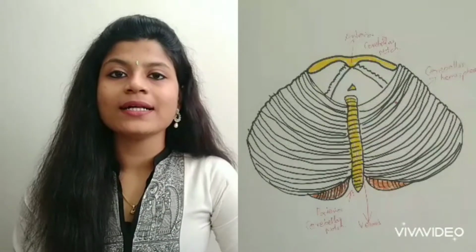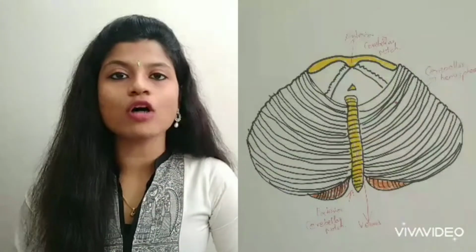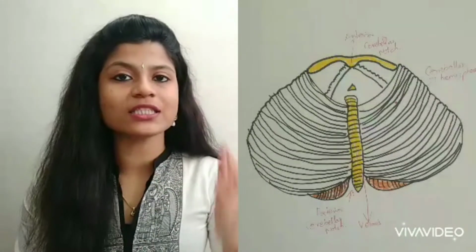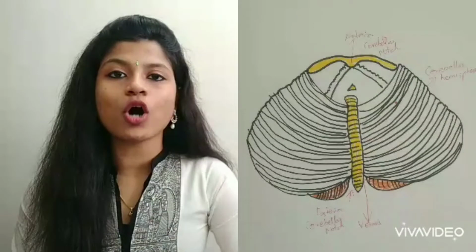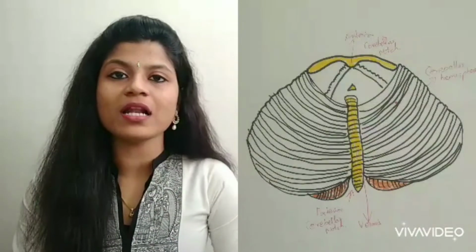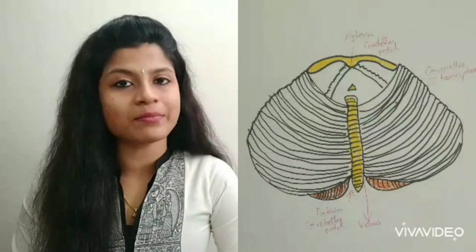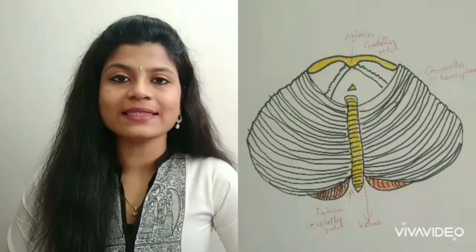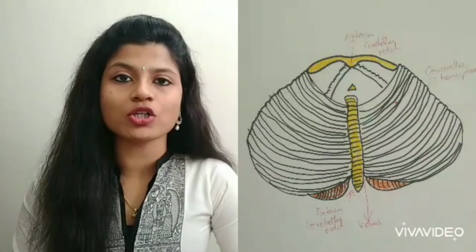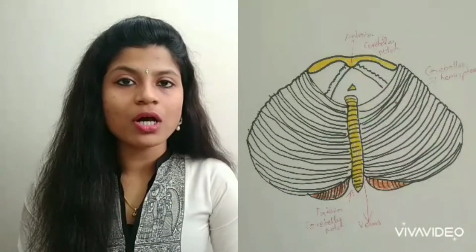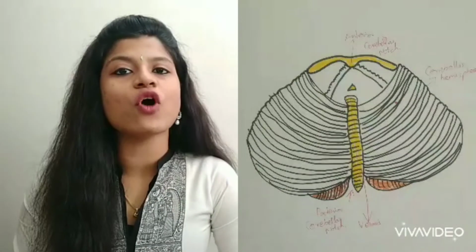Notches. The anterior aspect of the cerebellum is marked by a wide, shallow notch called the anterior cerebellar notch, which accommodates the pons and medulla, and the posterior cerebellar notch, which is deep and narrow and lodges the falx cerebelli. Fissures.